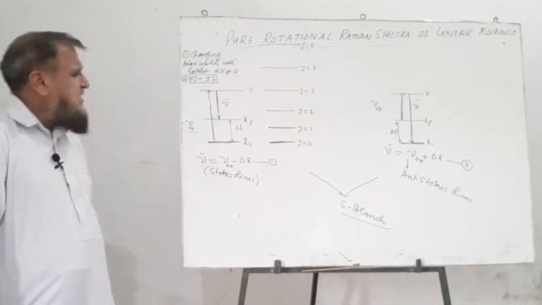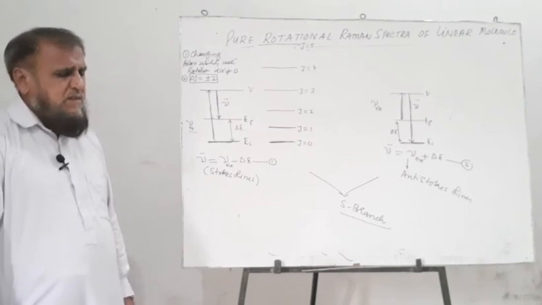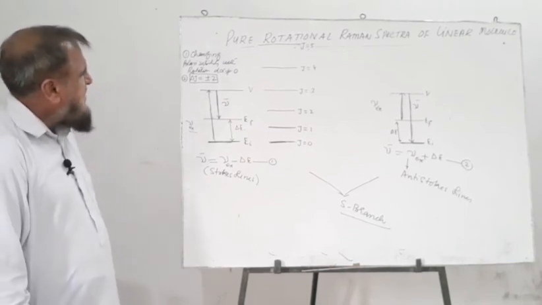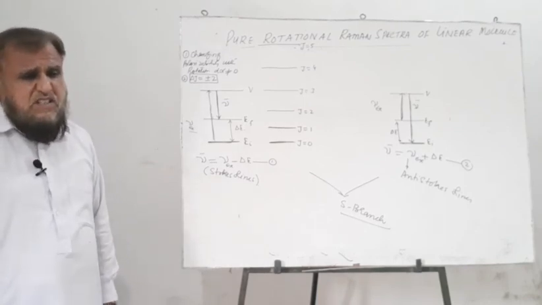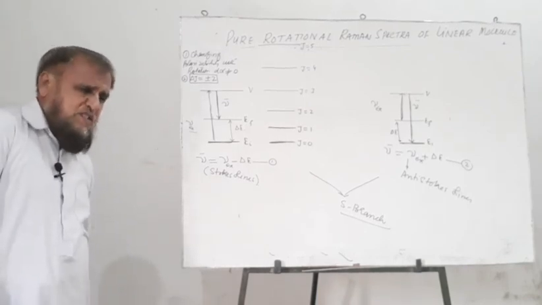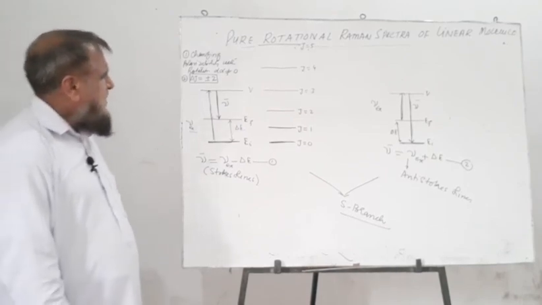In this case, 2 photons are used. One of the photons is absorbed and the other is scattered, and if we consider that the angular momentum of a photon is 1 unit, then there will be a change of 2 units, because one photon will be absorbed by the molecule and the other will be scattered.